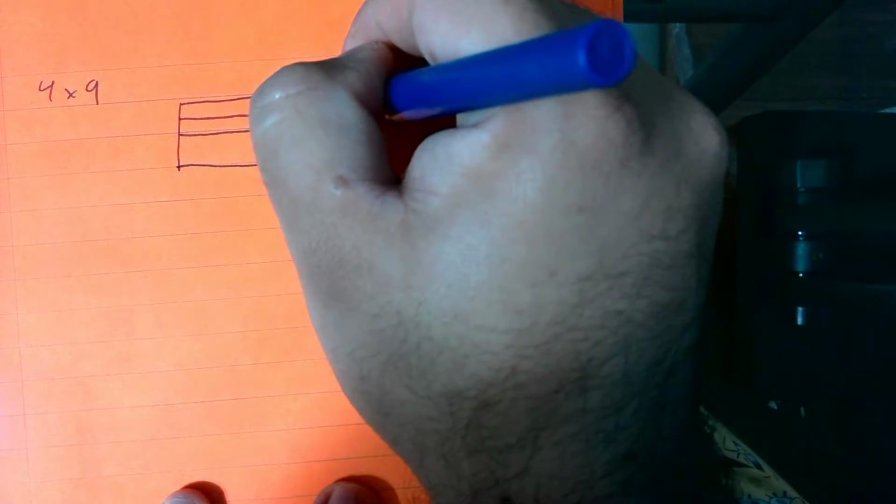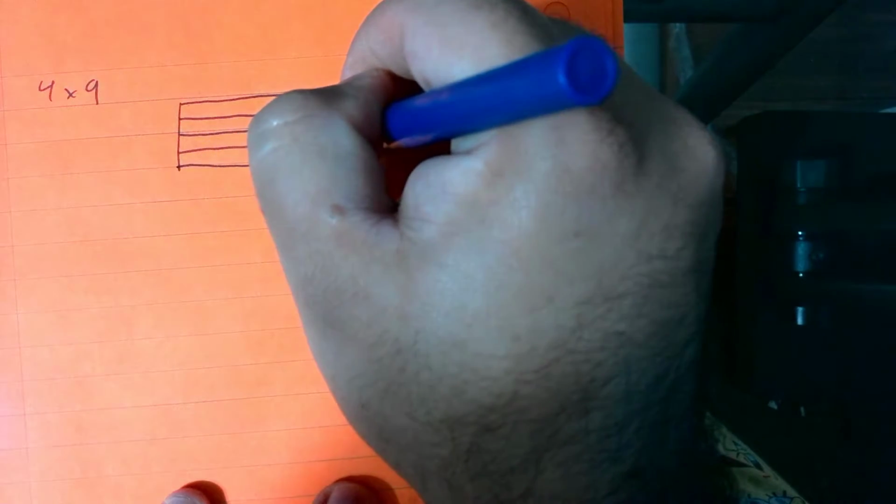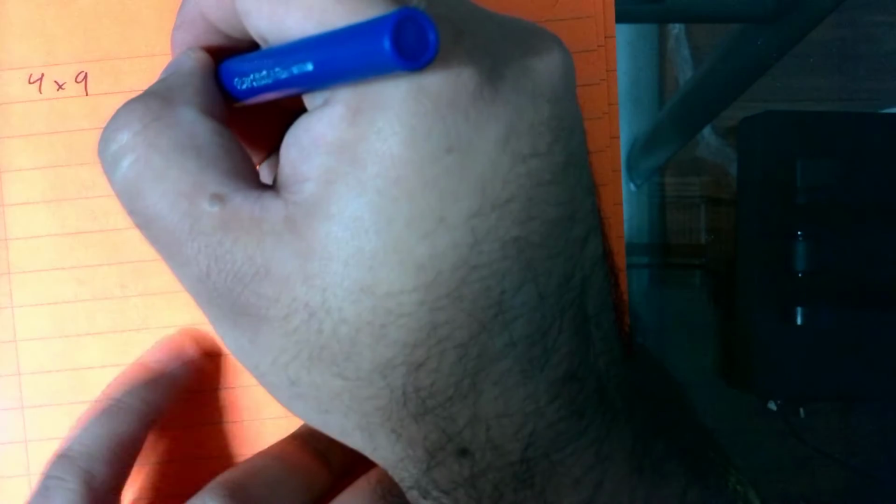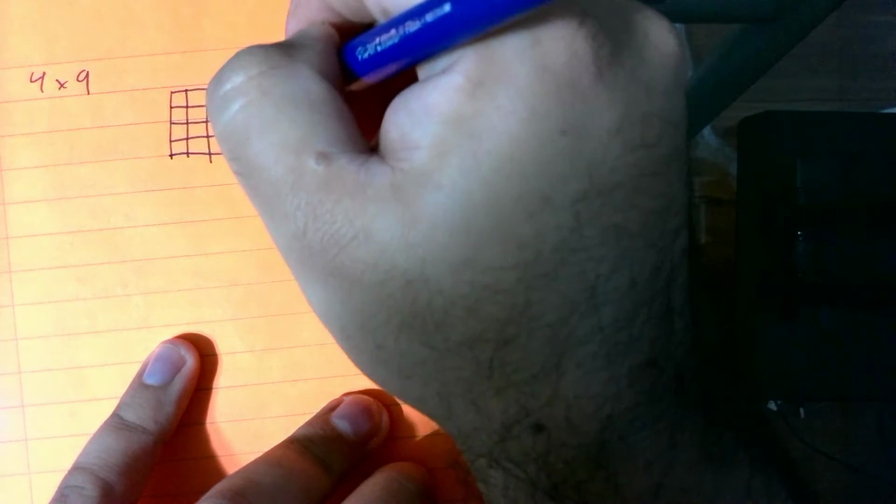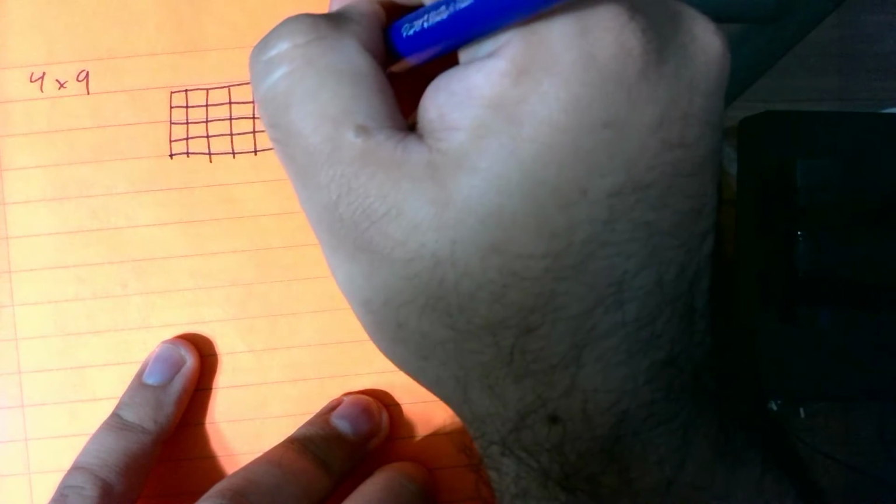So they have an array. An array is just a picture showing a math problem. So, we do this. And so now we make 9. Okay, 1, 2, 3, 4, 5, 6, 7, 8.